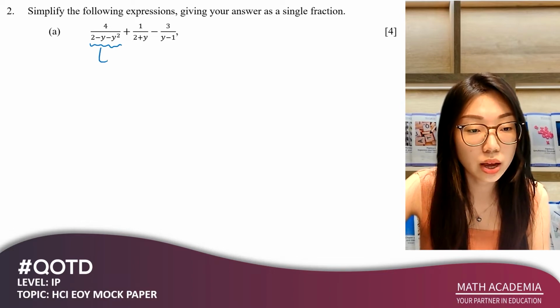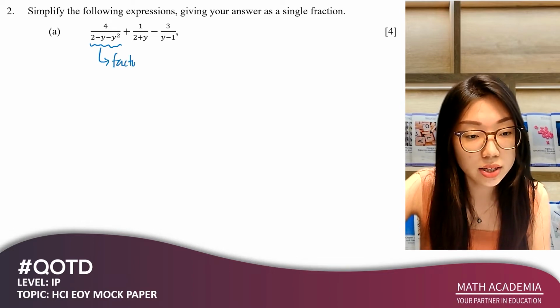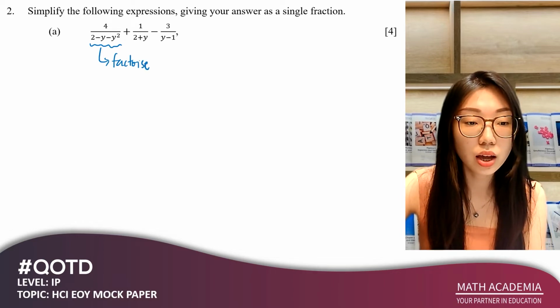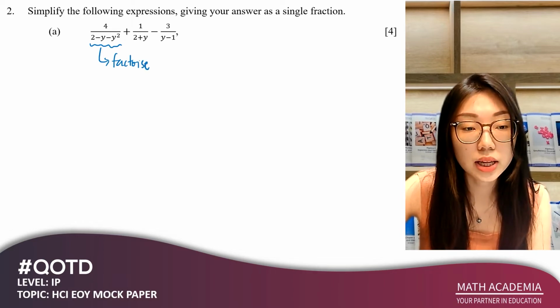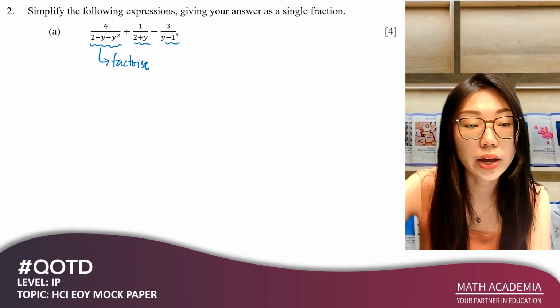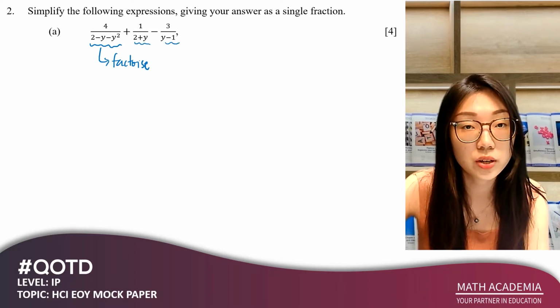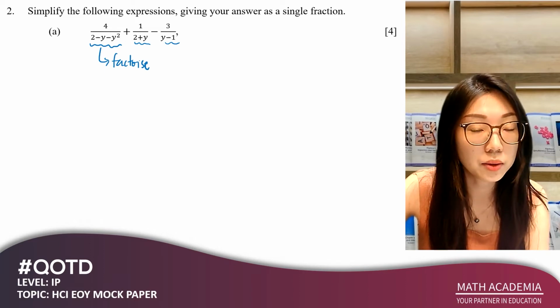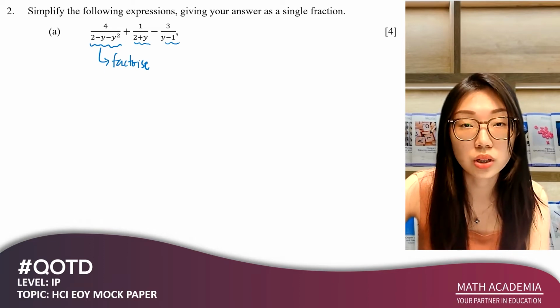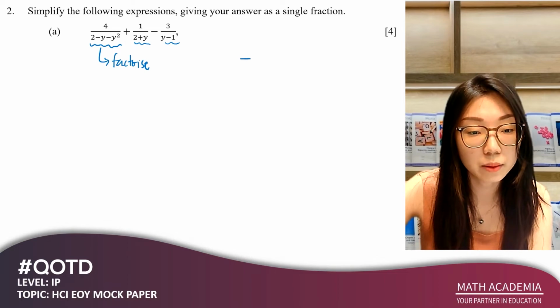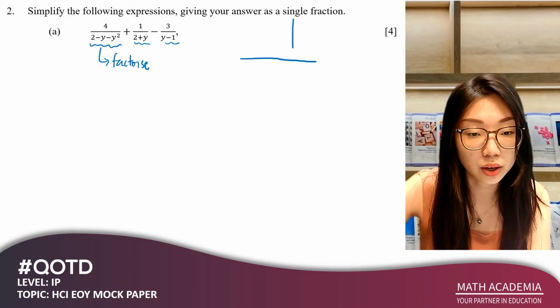That is a clue that we need to factorize this denominator. Looking at the next two, we realize that they are linear. I am hoping that when I factorize my first denominator, it would be a multiple of these two linear expressions. So my first step would be to factorize.